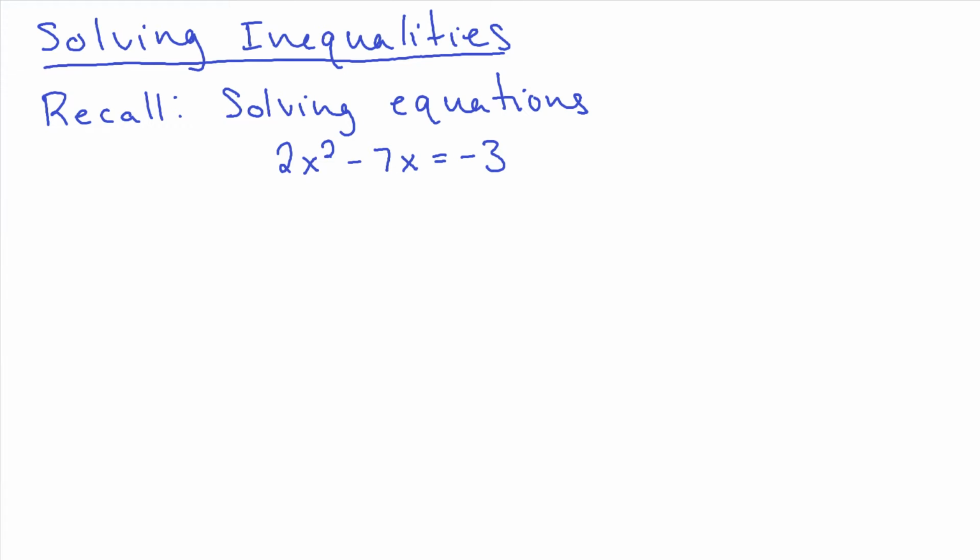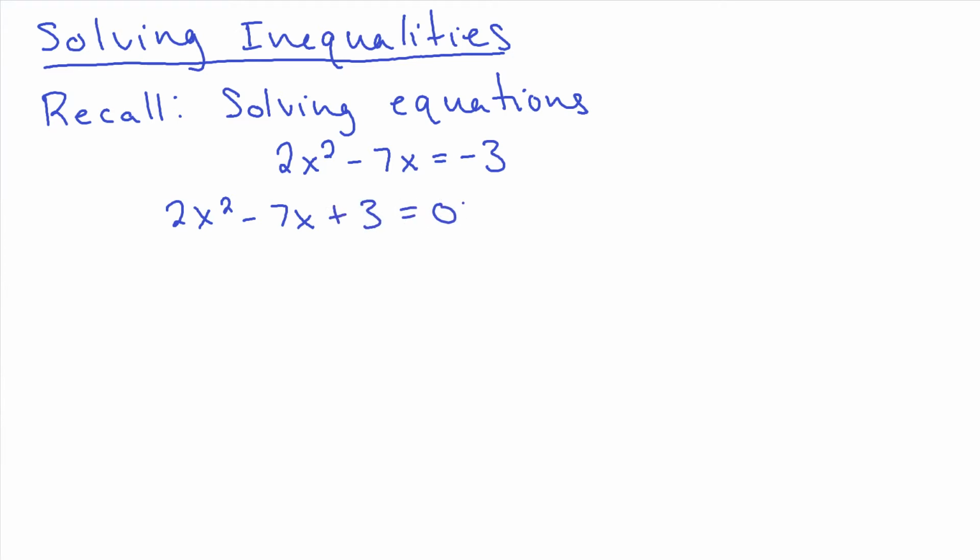So in order to motivate what I'm going to be talking about, I want to start back with solving equations. Remember, if you have an equation that looks like this, 2x squared minus 7x equals negative 3, one thing that we like to do is you add 3 to both sides, and you change this into the equation 2x squared minus 7x plus 3 equals 0.